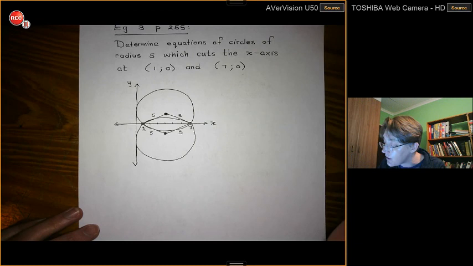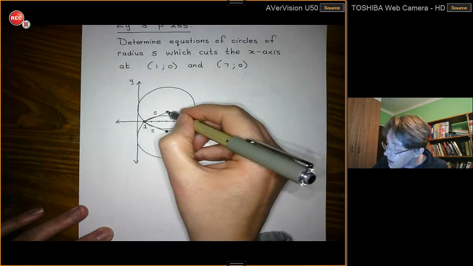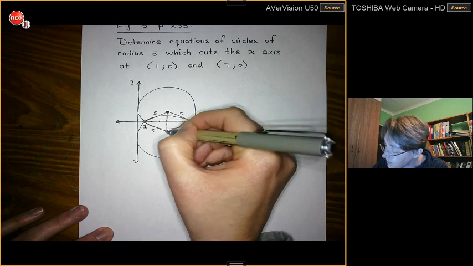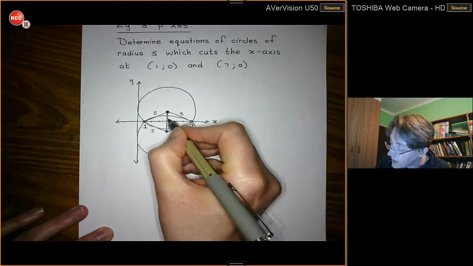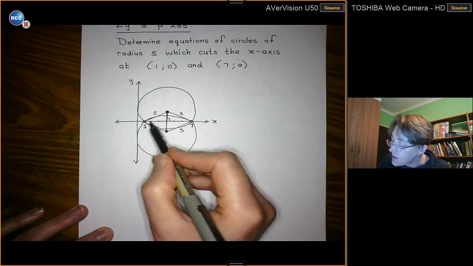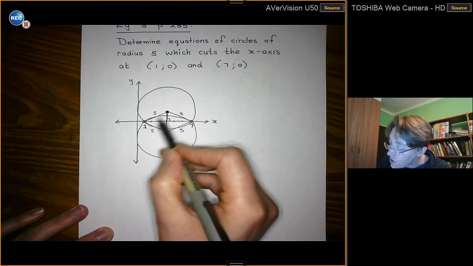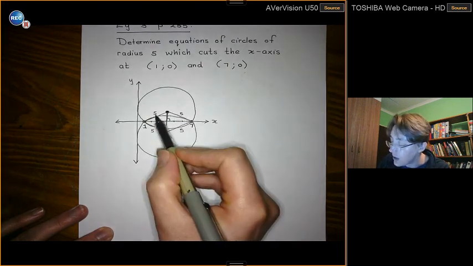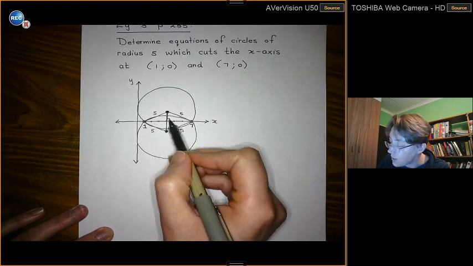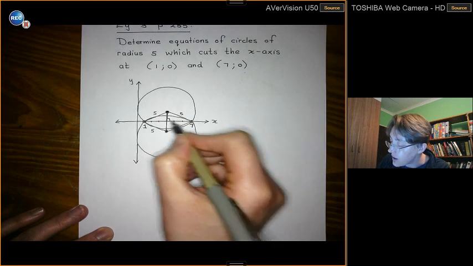And in order to figure out the equation of these two circles, hopefully you guys will notice that right there, if I drop a line down over here, this is going to be perpendicular. And because this is an isosceles triangle, if I drop the line down perpendicular, this goes halfway, this goes halfway.